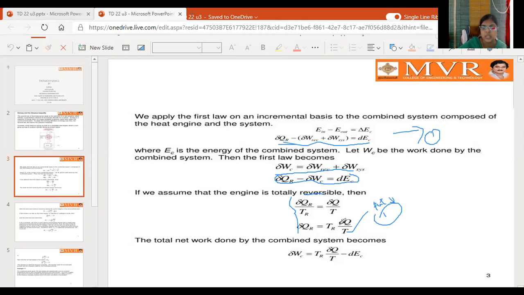This delta QR is put in equation 1 and we get WC. W reversible plus W system we call WC, which is the combined work done. So the combined work done is equal to TR into delta Q by T minus dEC, where E is the total combined energy.